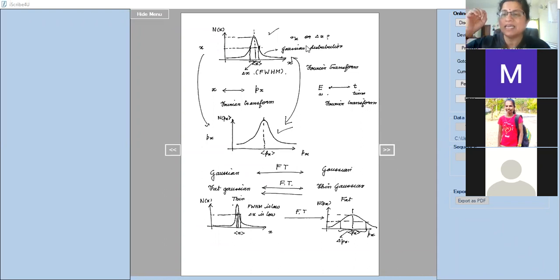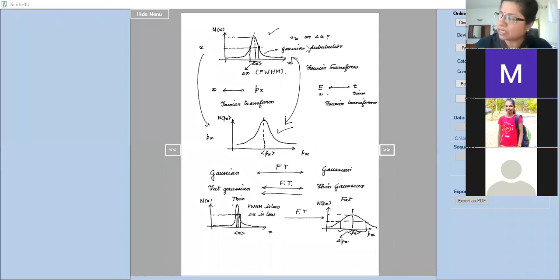If you take the ultimate case that you know precisely what x is, what does it mean? It means that you have shrunk the Gaussian to become a line. Your delta x has become 0. That is a very, very thin Gaussian. You take a Fourier transform and you get the fattest possible Gaussian, which means you're completely uncertain about the momentum value.